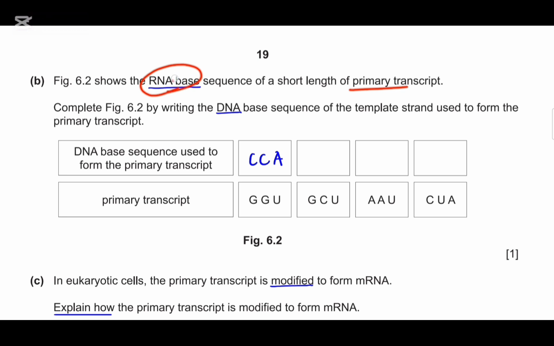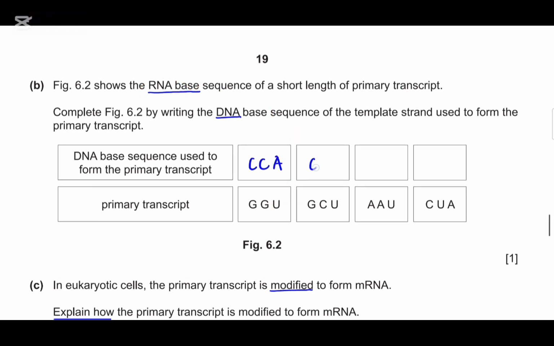We must write the RNA base. RNA only has uracil instead of thymine. Adenine pairs with uracil. So continue. C, G, A. T, A, and then G, A, T.